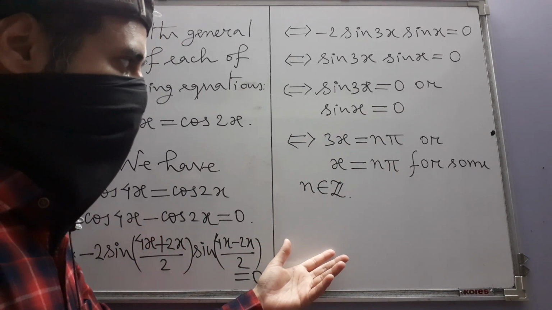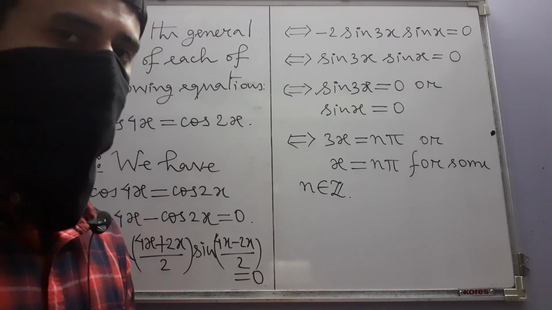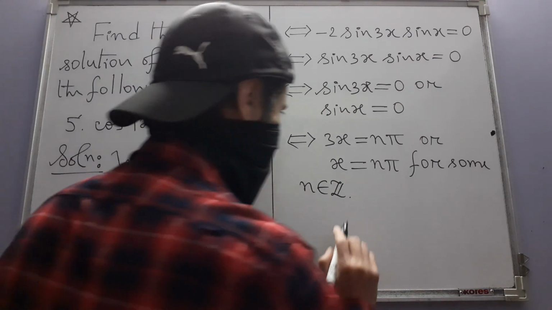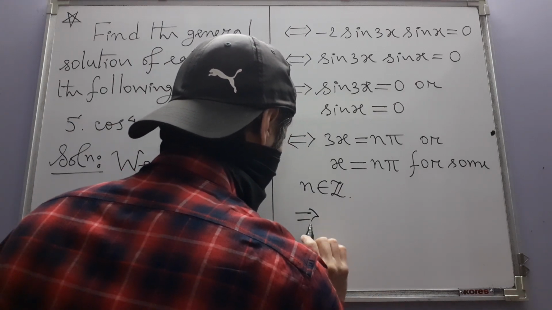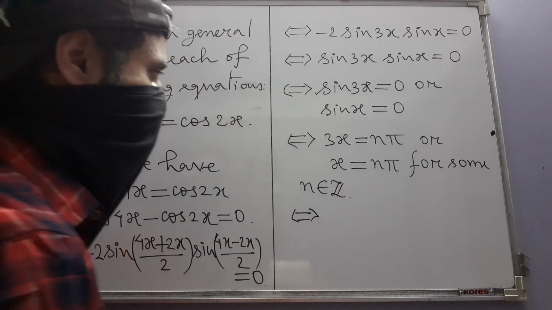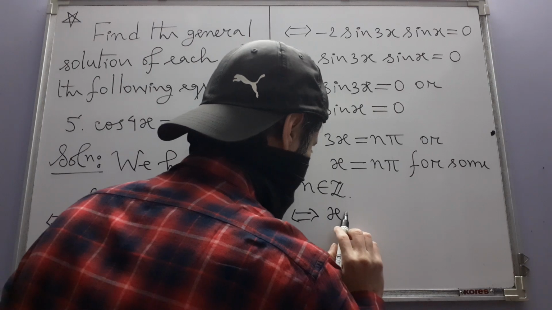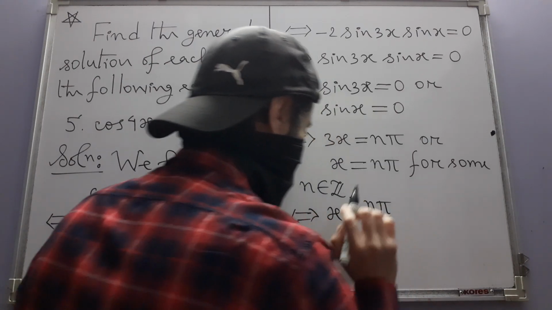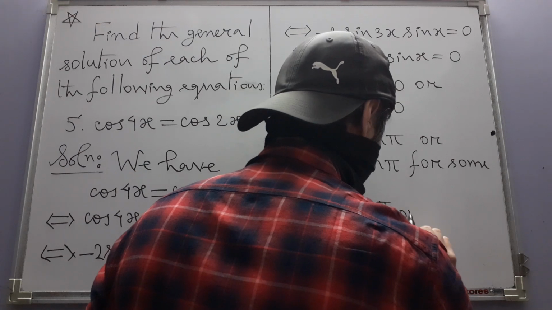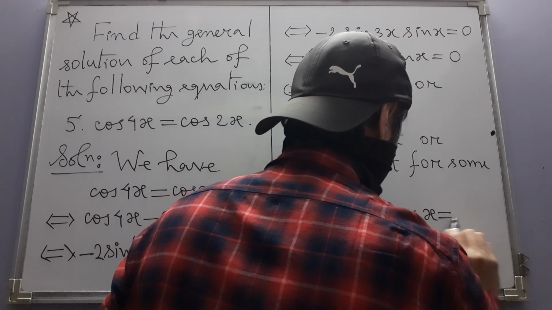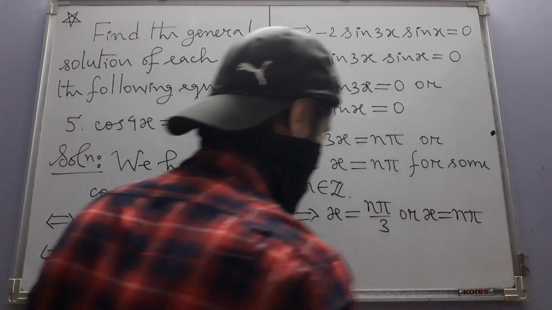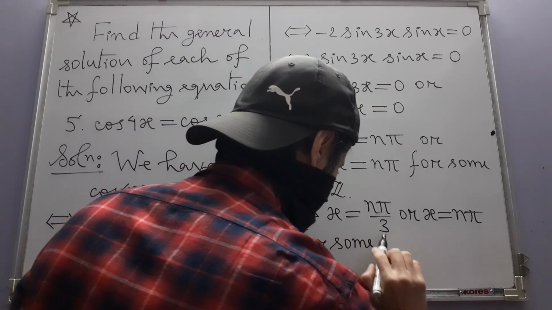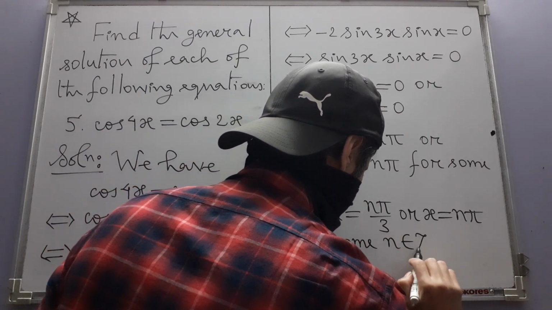But ultimately that does not matter. You can simply just write n. N means an integer. If and only if x is n pi over 3, or x is n pi for some n.